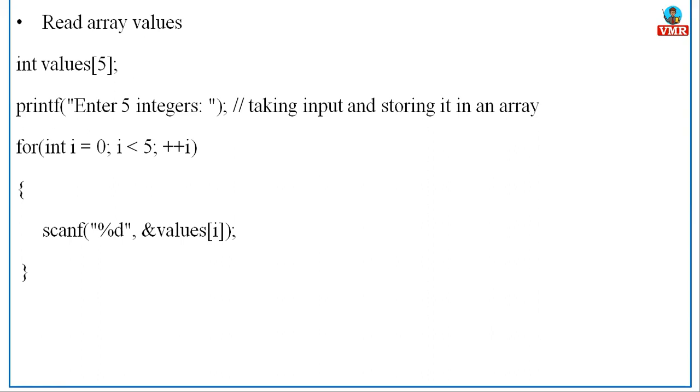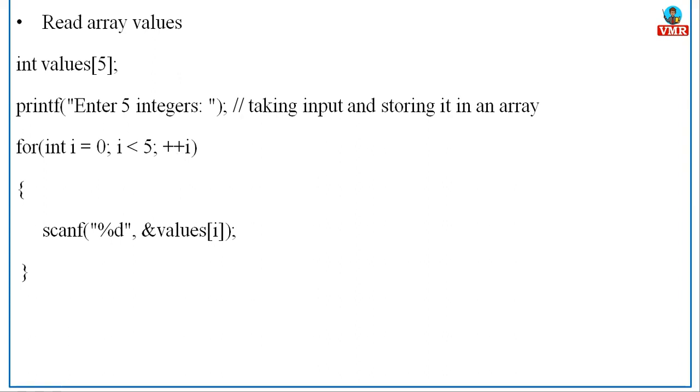Yes or no? Because you want to give 5 integers. But I don't want to make my lines of code more. So simply I'll keep a for loop. For int i equals 0, i less than 5, i plus plus. You can increment it in pre-increment or post-increment.